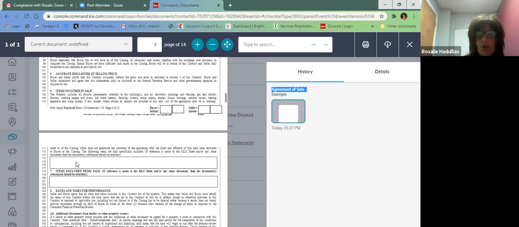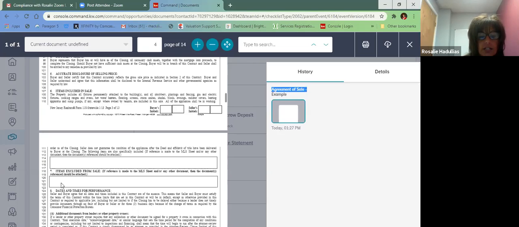So anything that you think that someone can take, I would put it in there. I'm just going by experience. If there's a play set, and the sellers are supposed to be leaving it, then put that in there. Because if you don't put it in there and then you go back for your final walkthrough and it's missing, the sellers had every right to take it. So you have no recourse.